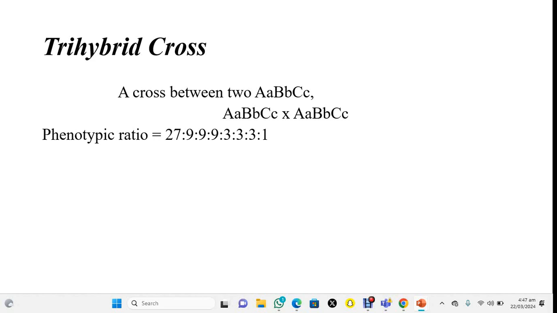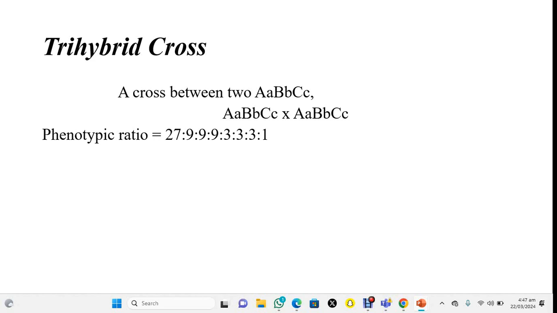Since we are dealing with three different genes in the trihybrid cross, the 27 means that the offspring is going to have three dominant genes. So it's going to have capital A in there, capital B in there, and then the capital C in the genotype.